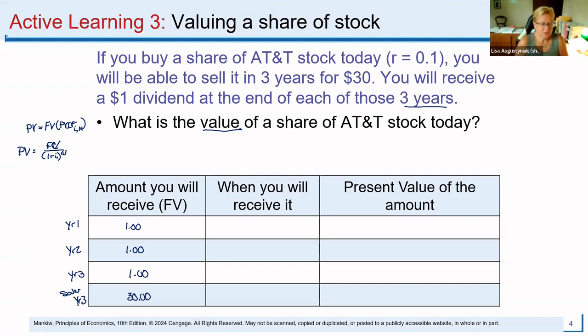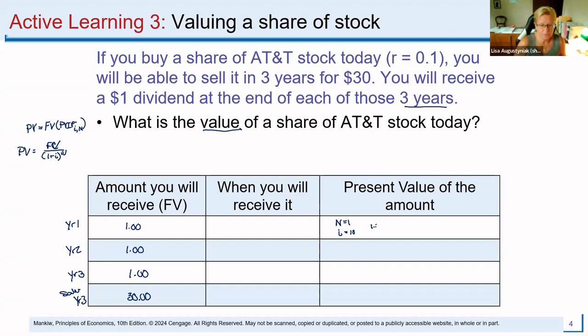Okay, so what we have to do is take this $1 and find out the present value of that. So this would be time period 1, and our interest rate is going to be 10%, or 0.1. So let's see the present value of $1, 1 year from now at 10% for 1 period. I'll do it the way your book does it.